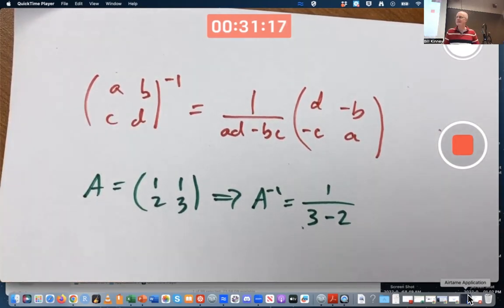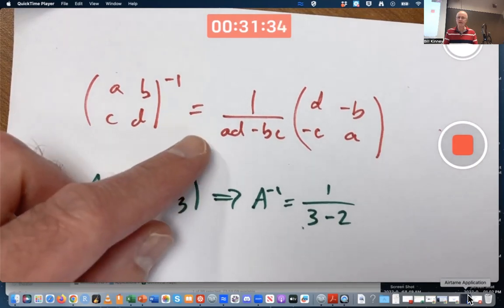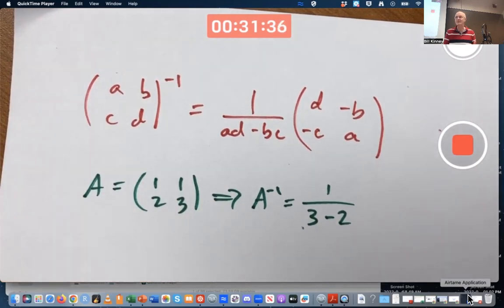If AD minus BC were 0, I'd be dividing by 0 there. This formula wouldn't work. AD minus BC is a very special number for 2x2 matrices. It's called the determinant of that matrix. And if it's 0, the inverse matrix does not exist because you'd be dividing by 0 there. But if it's not 0, then the inverse matrix does exist and it equals this.